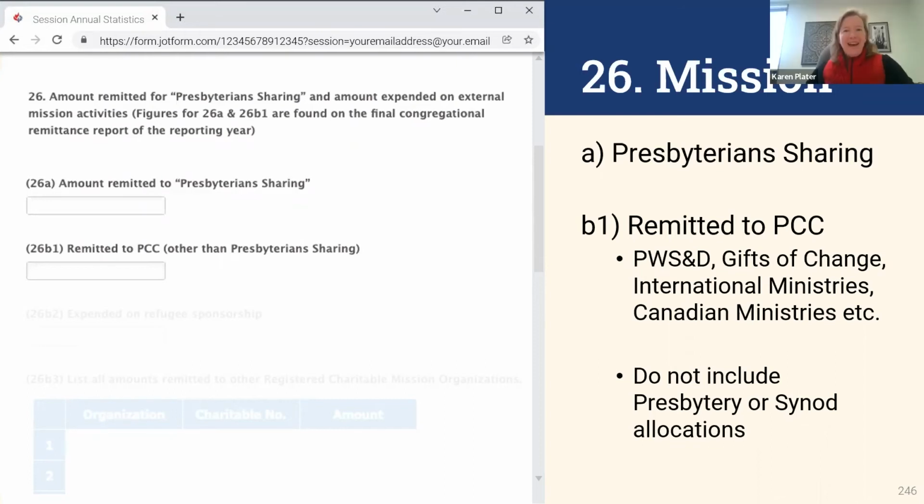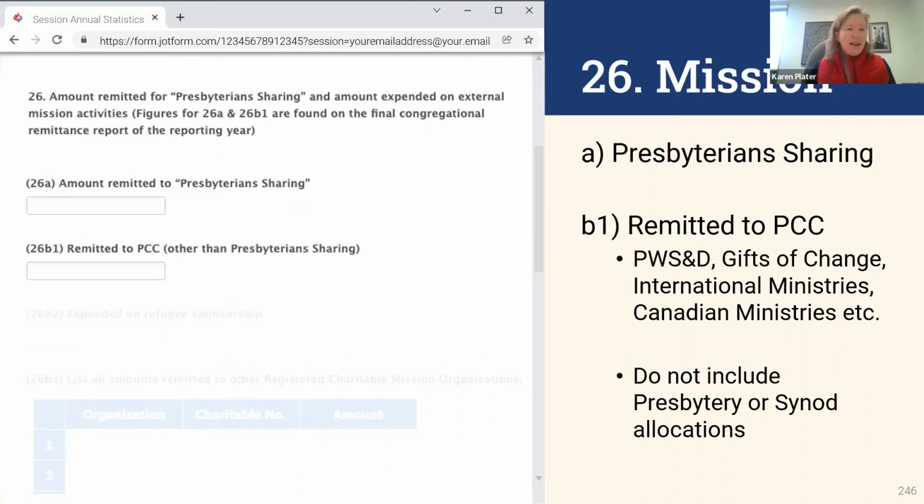Now, I get to talk about line 26, mission. It's been an interesting line because we often get asked questions about it every year. So let me see if we've tried to simplify it and streamline it to make it as clear as possible without having to get into a big definition of what mission is.